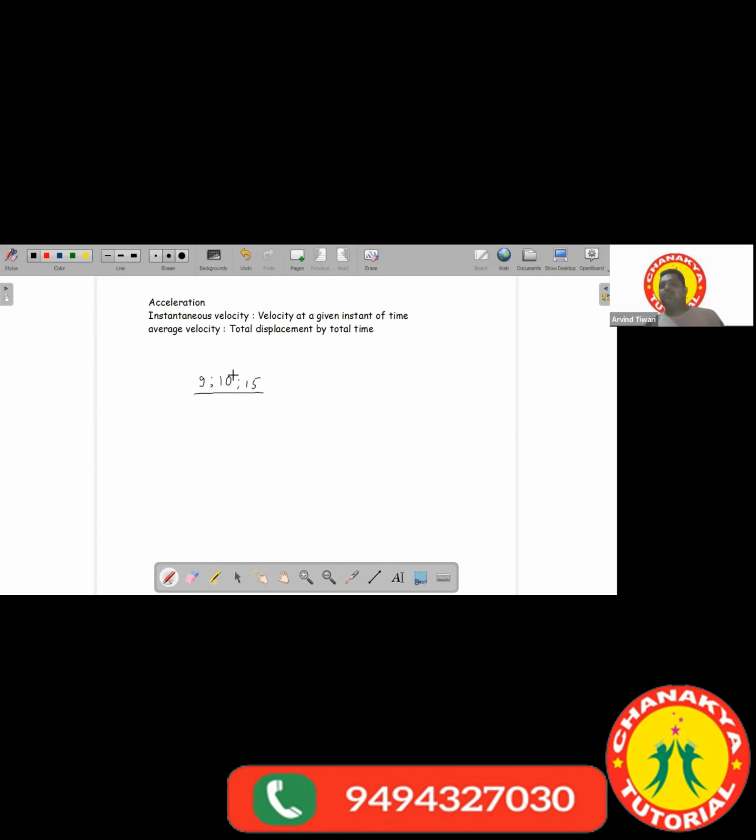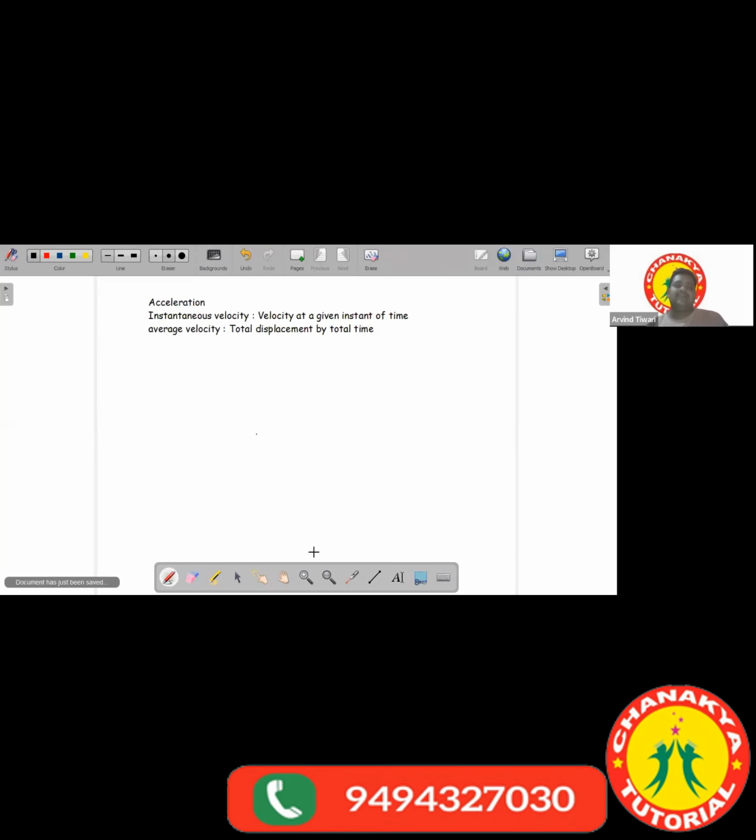I will try to find out its position at say 9, 10, 15, and then I will find out the speed, the velocity. So that will give me the instantaneous velocity. Whereas if I want to find out the average velocity, I will be using the total displacement and the total time, and then I can get the velocity, right? So these are the terms.